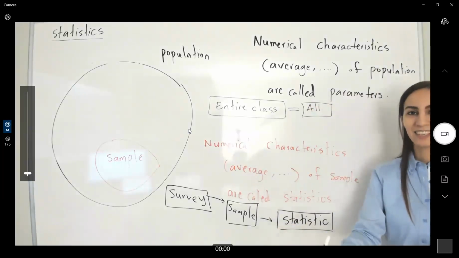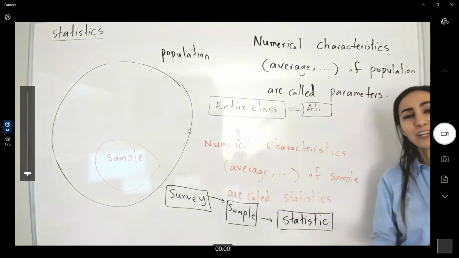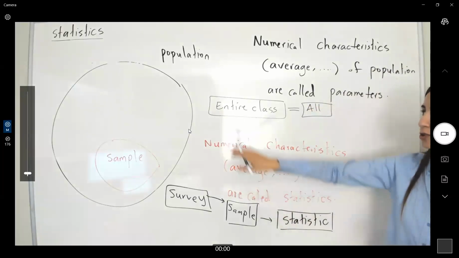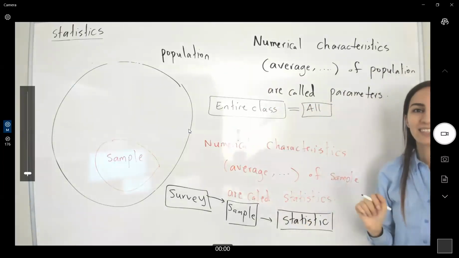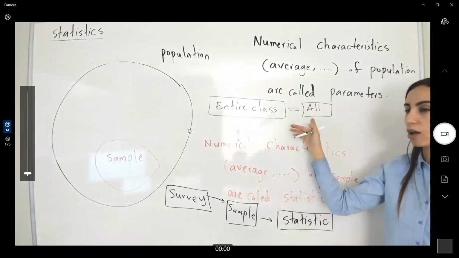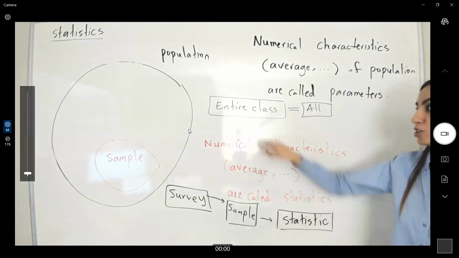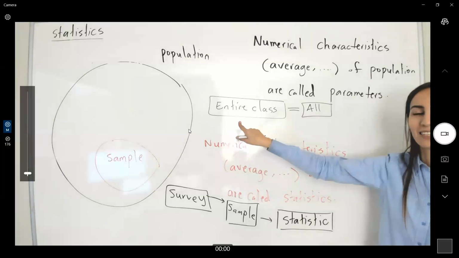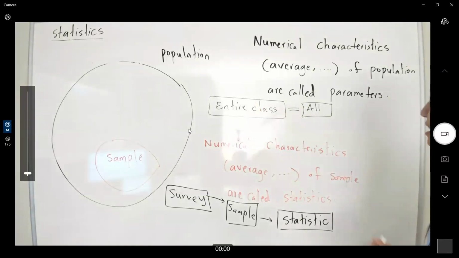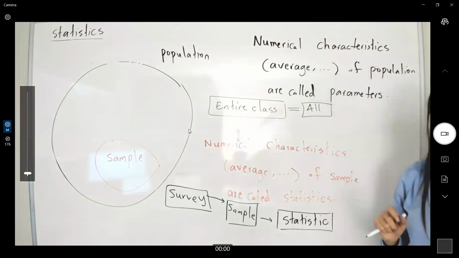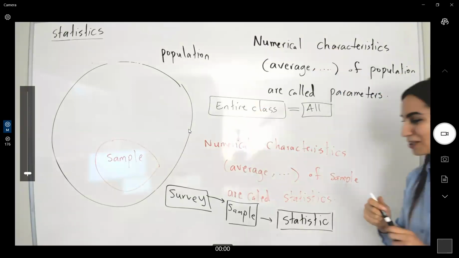They're asked about the SAT score, and the average is calculated. So that entire class represents the population. Every student was counted, so the entire class represents the population. So it means that the numerical characteristic of the average SAT is nothing but a parameter.